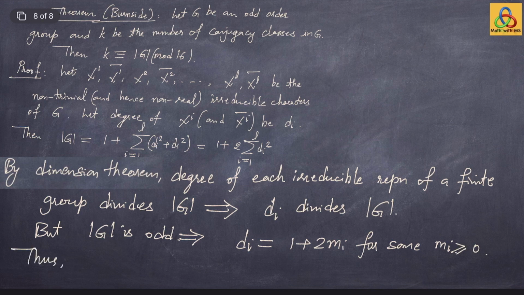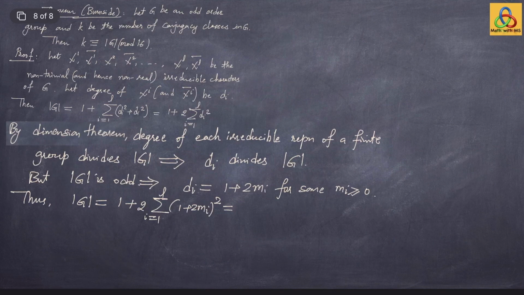Thus we can write the order of the group G as 1 plus 2 times the summation i from 1 to L of d_i squared, that is 1 plus 2 times the sum of (1 plus 2m_i) whole squared. When you expand it, what you get is 1 plus 4 m_i squared plus 4 m_i.